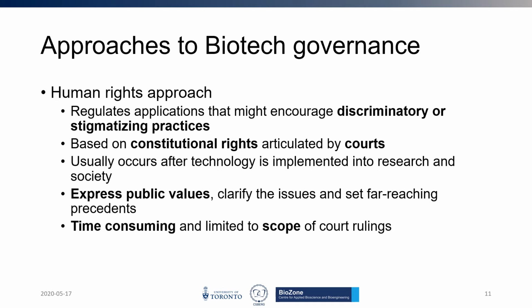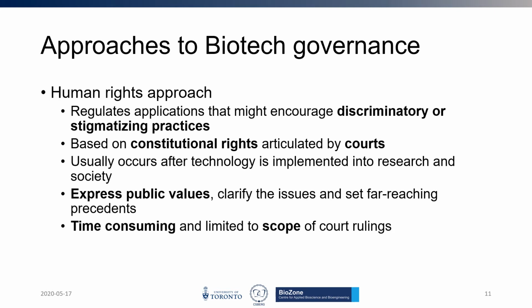The first one is the human rights approach, which is basically courts usually taking decisions on any kind of technology that may have some discriminatory or stigmatizing practice. And they put regulations in place so that these can be controlled and regulated, and you prevent any kind of discrimination or stigmatization. They're usually based on constitutional rights that are articulated by courts.